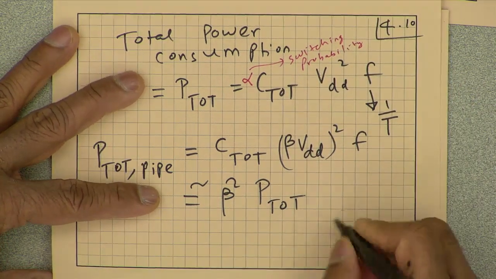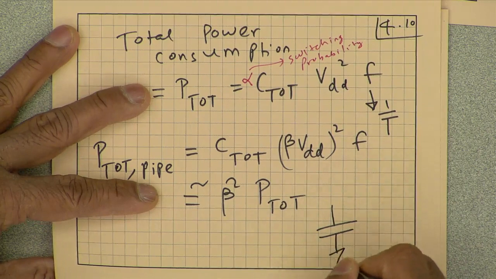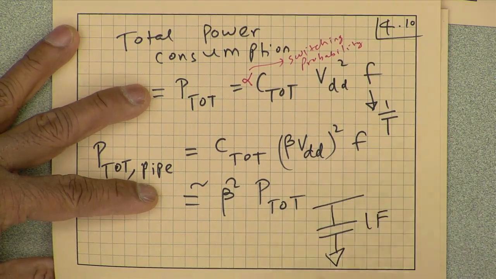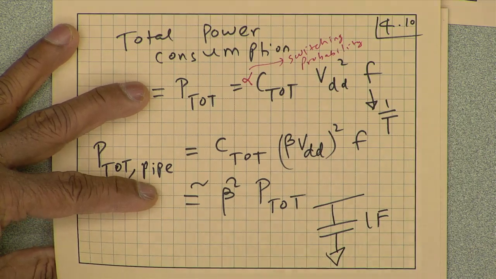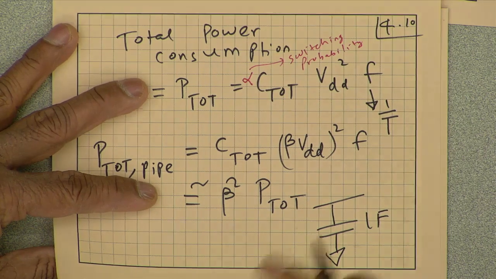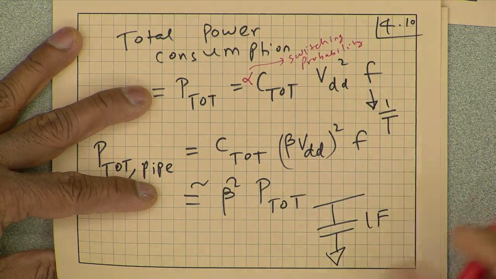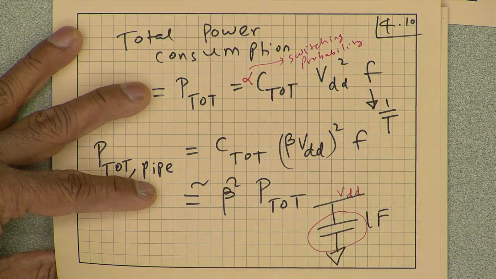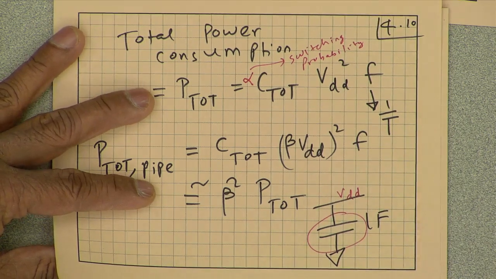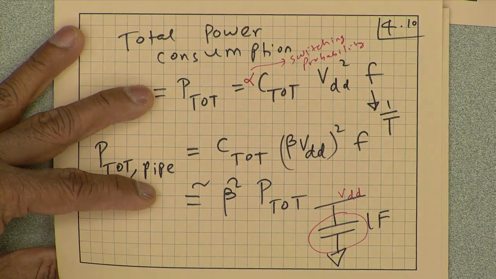Well, it means that I might have a very large capacitance, let's say 1 farad, connected between VDD. So if you think about this capacitance, it remains charged to VDD at all times.